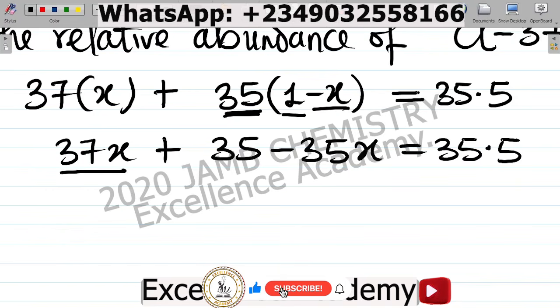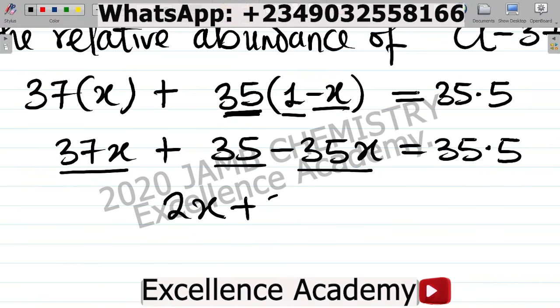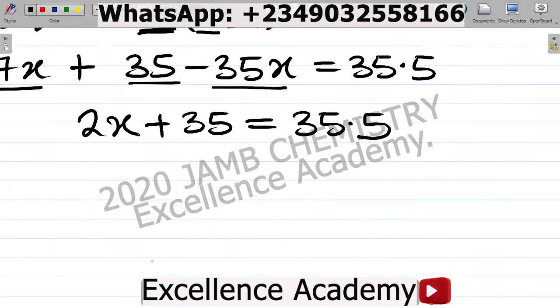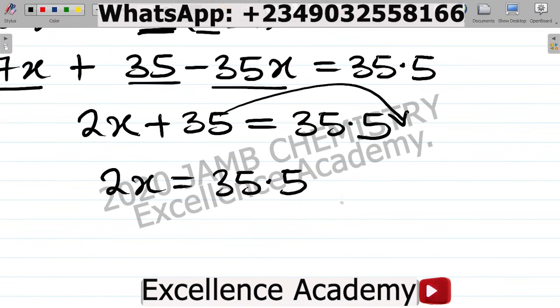Next up, you have 37x minus 35x, and that gives you 2x. Then this one here plus 35 is equal to 35.5. Next up, move this over here. We have that 2x is equal to 35.5, and 35 moves over here and becomes negative.